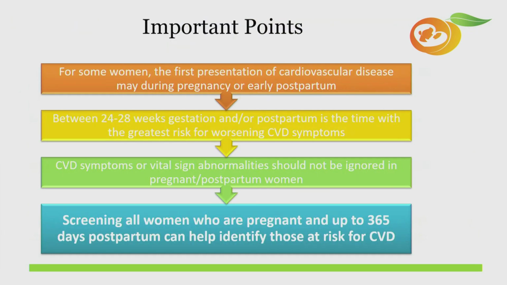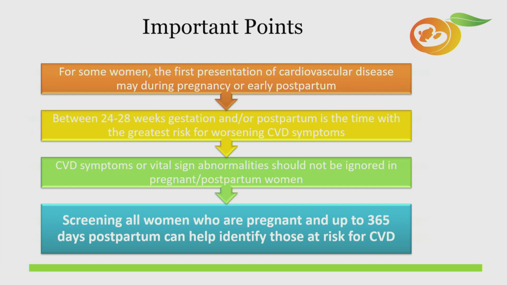Hopefully, if you take nothing else home, you understand before you leave this, and we're going to apply some different things to case scenarios, that a pregnant mom might present with cardiovascular disease for the first time in pregnancy. We talked about the ones that we know might have it, but this might also be the first time she presents with signs and symptoms of cardiovascular disease. Usually these symptoms can get worse between 24 and 28 weeks. That's a big time that we might see changes, and then also during the postpartum period.